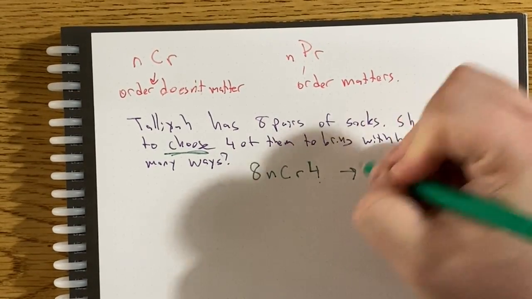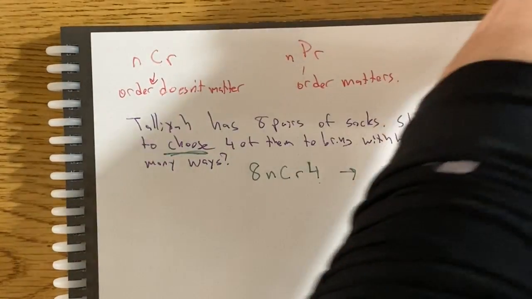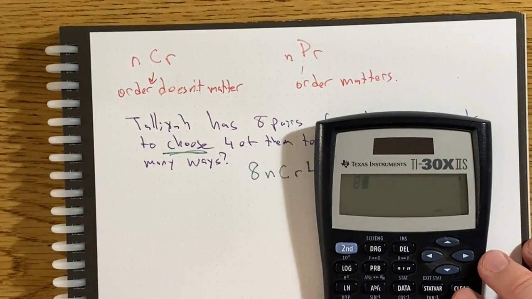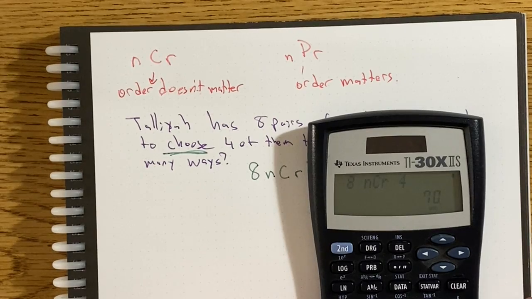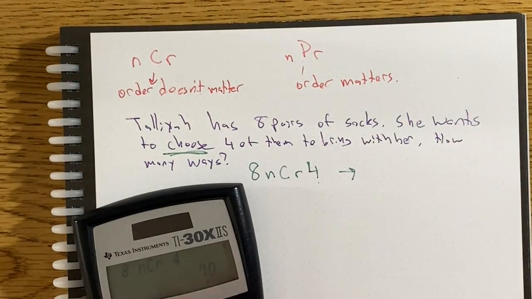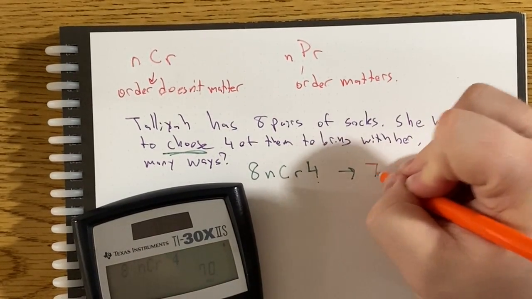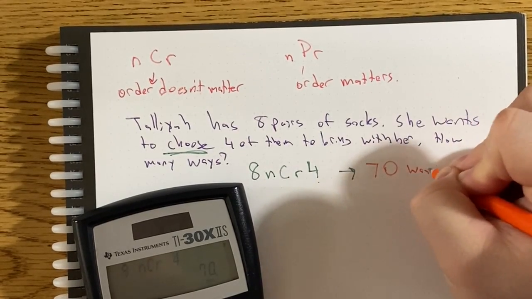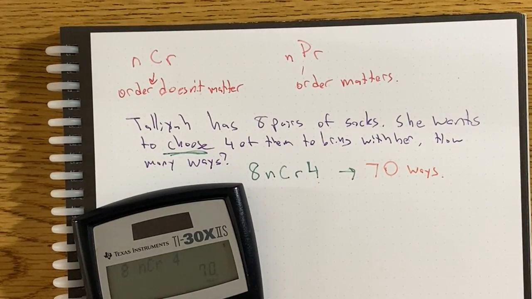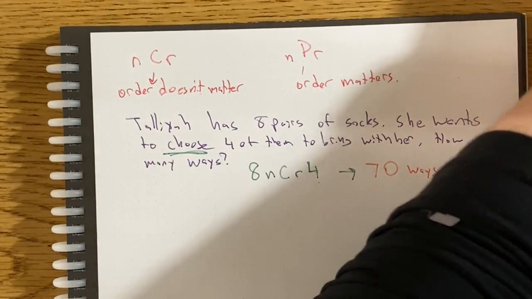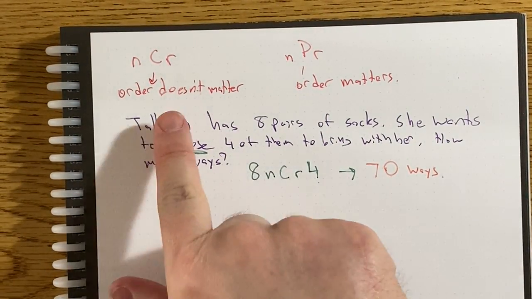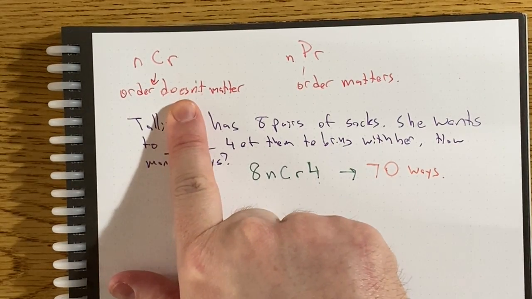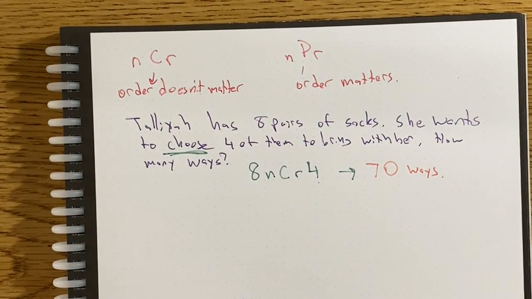That's how you put it into the calculator. 8, nCr, 4, and you get 70. And that's really it. Just put it in the calculator properly. All you have to do is make sure you're using either nCr for order doesn't matter, nPr, order does matter.